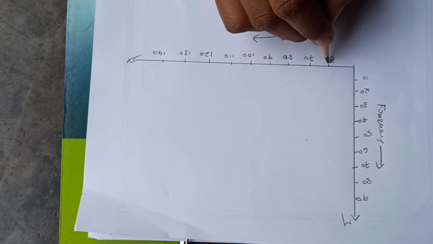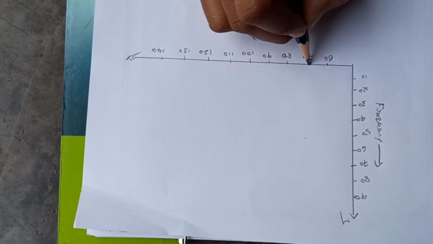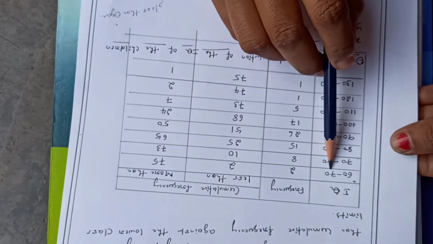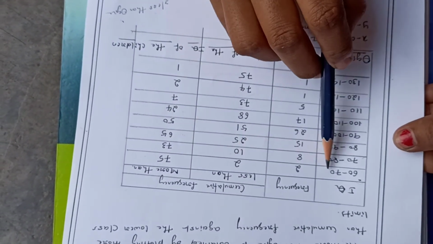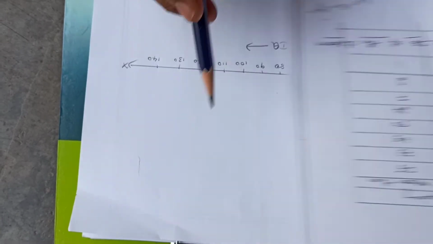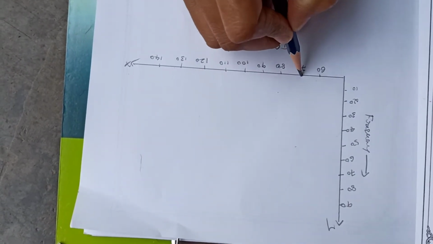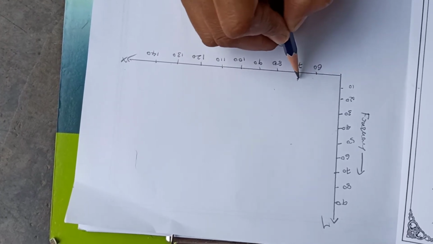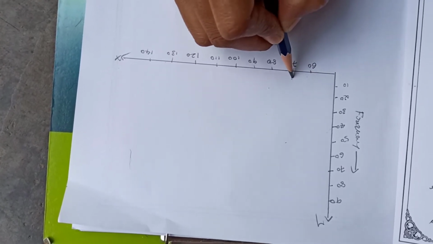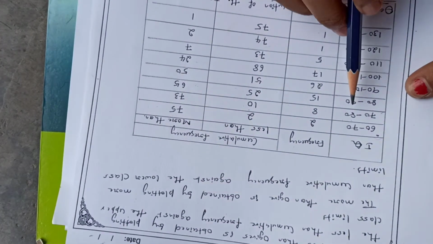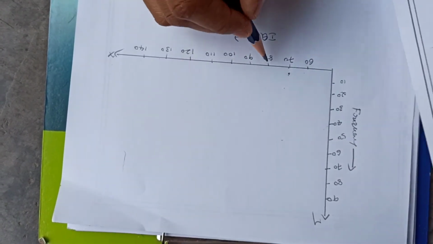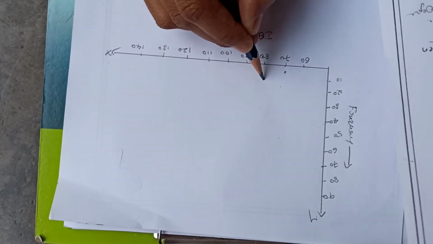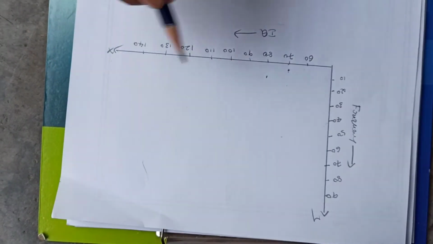So 2 will come here. I am just plotting a rough sketch. Less than 80 will be 10 students, so you'll get it here.